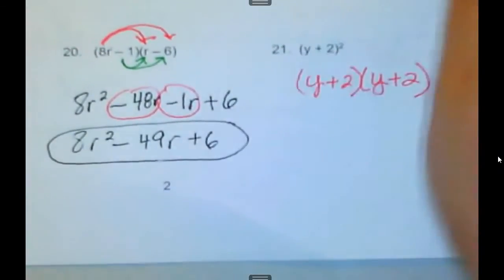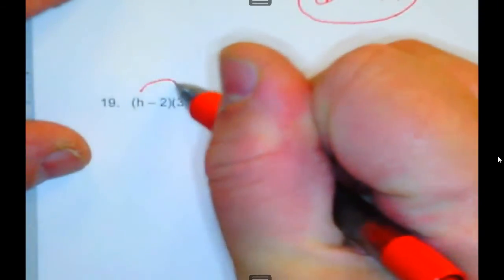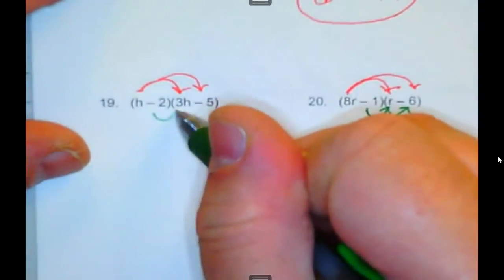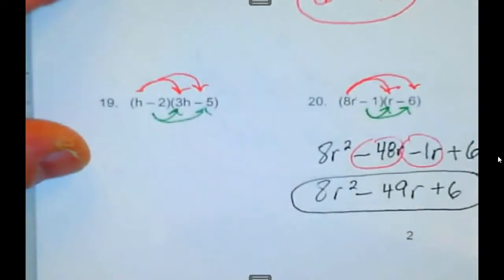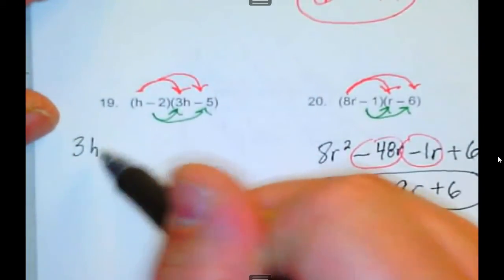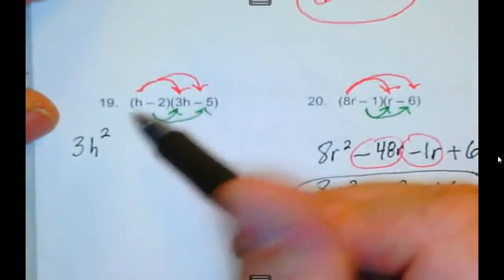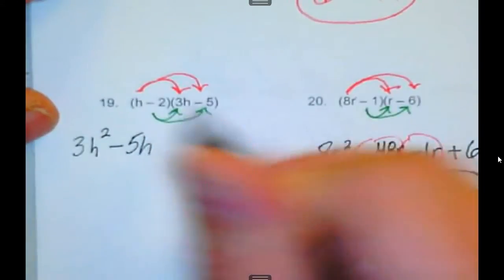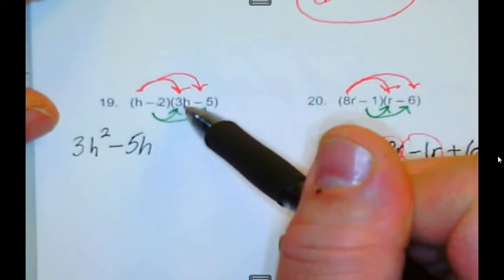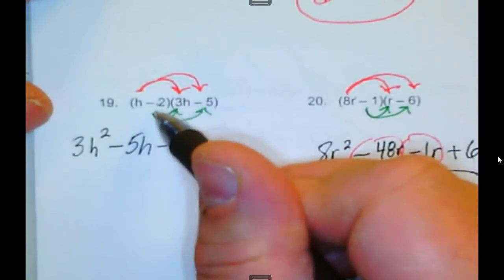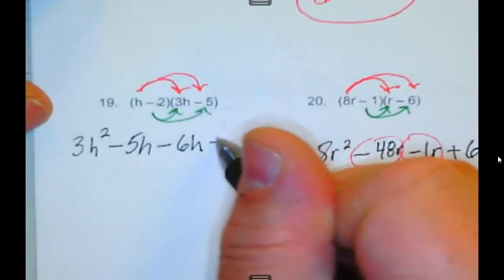Number 19. Distribute the H. Distribute the negative 2. So, H times 3H, 3H squared. H times negative 5, negative 5H. Negative 2 times 3H, negative 6H. Negative 2 times negative 5, positive 10.